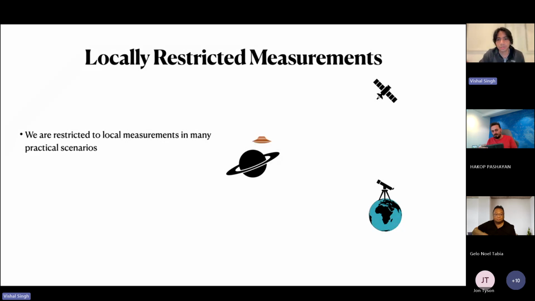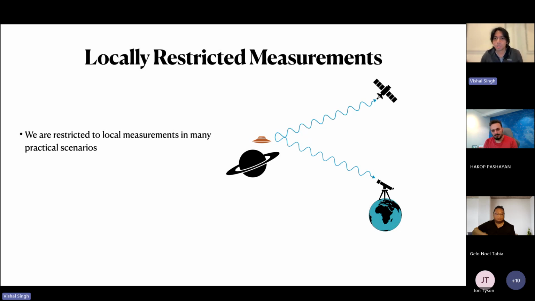We want to know if there's some interesting phenomena happening, which is emitting some entangled photons, and one of the entangled photons is captured by this satellite and the other one in the telescope. It would be very hard to have a joint measurement that could measure both the photons at the same time, but they can measure them independently.